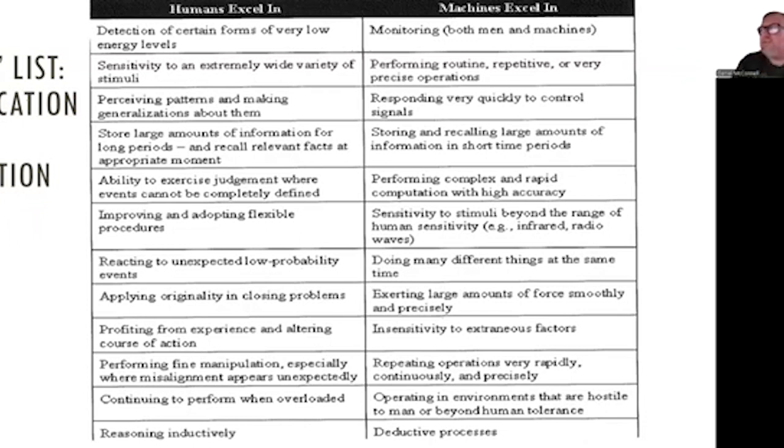And so when we look at this list, for example, the second one down, the human excels in sensitivity to a wide variety of stimuli, but machines excel in routine, repetitive, high precision activities, right?